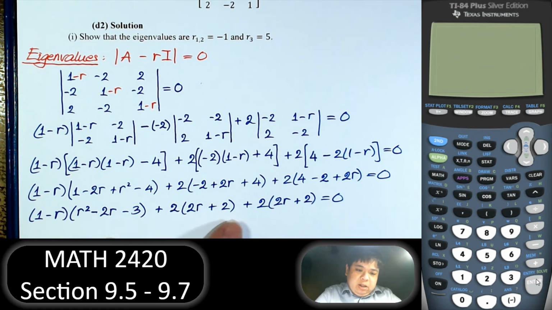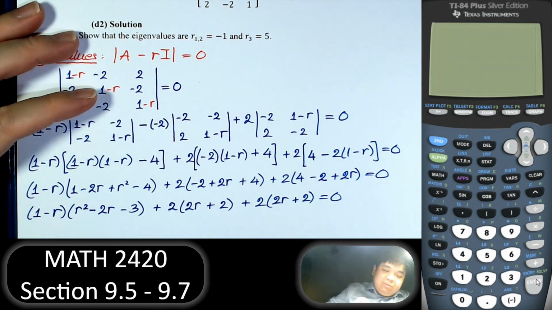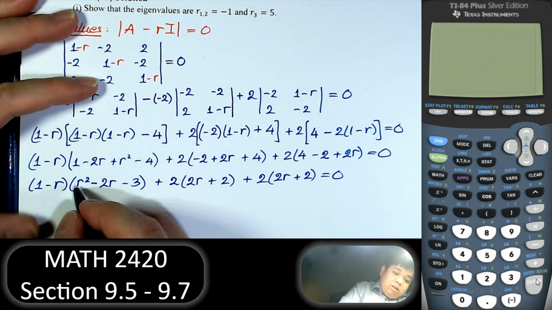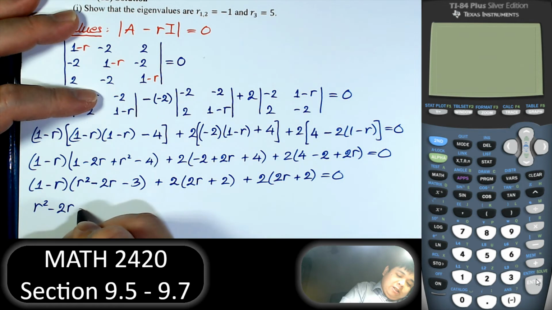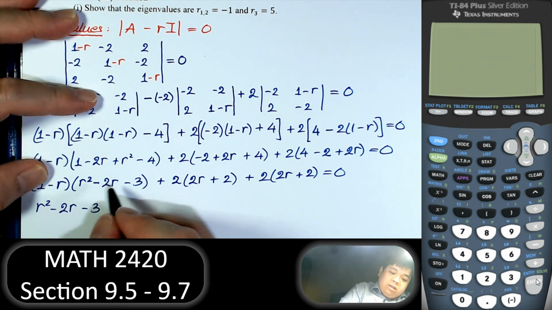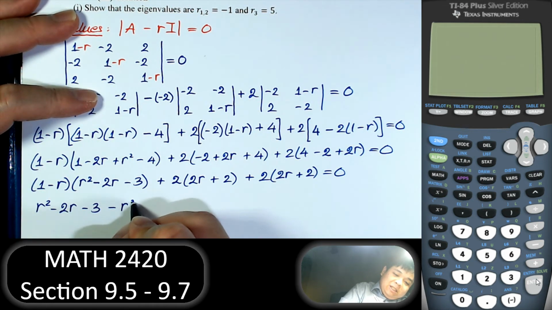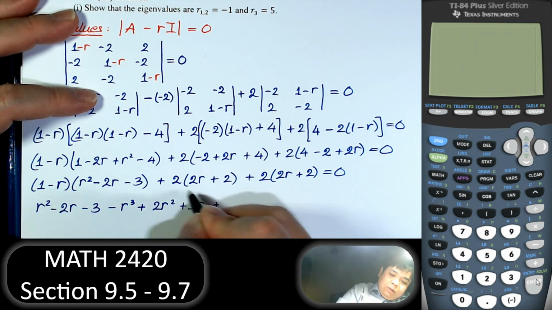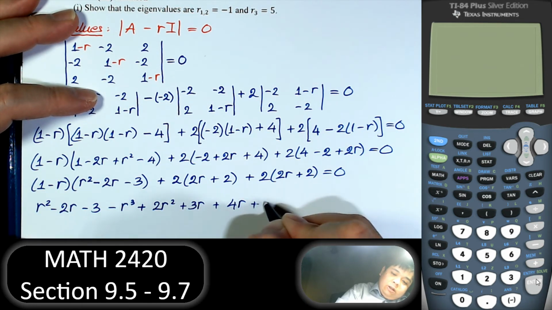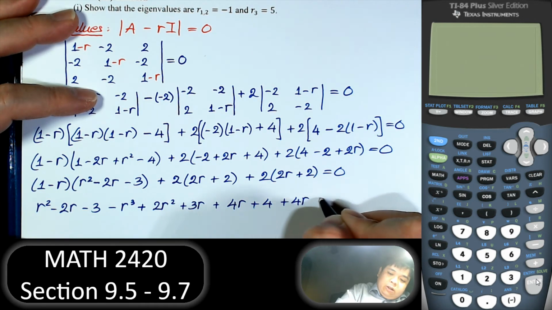Those two are the same, right? Doesn't matter. Multiply it out. 1 times everything, and then minus R times all of that. Then 4R plus 4, 4R plus 4.